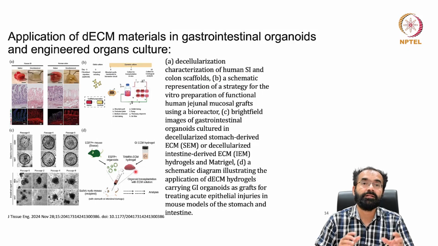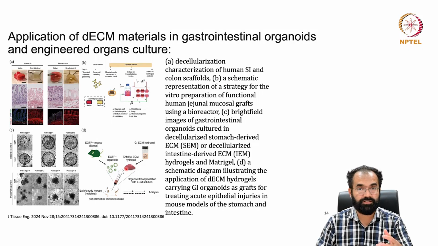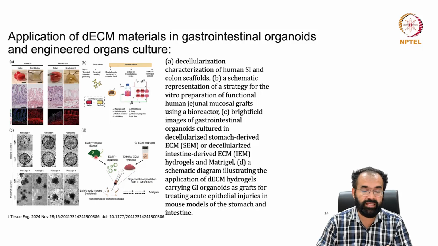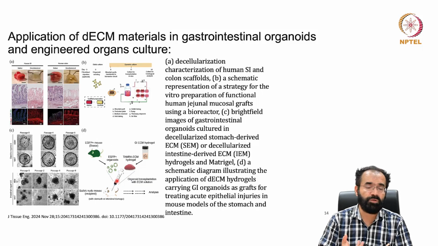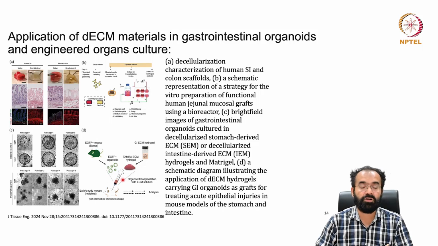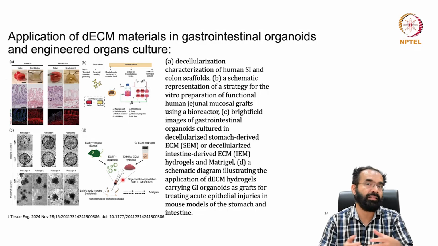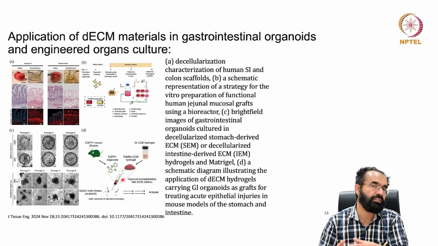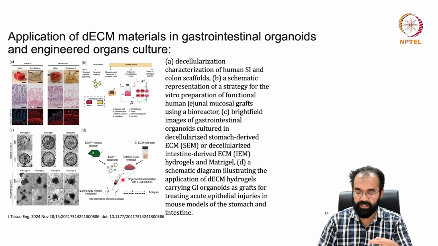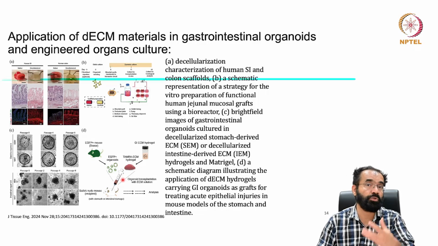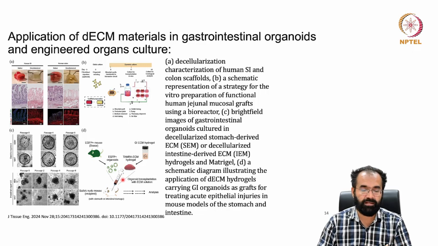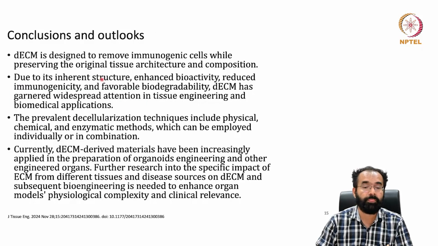So you can use mouse models to make the proof of principle of these animals, and that is what you are seeing here in panel D. And people use GFP cells so that you can show the newly formed organ has no cells, or the other way around, if you took the dECM from a wild type, you can use GFP expressing cells to show that yes, my cells are staying back. Either way one can do it.